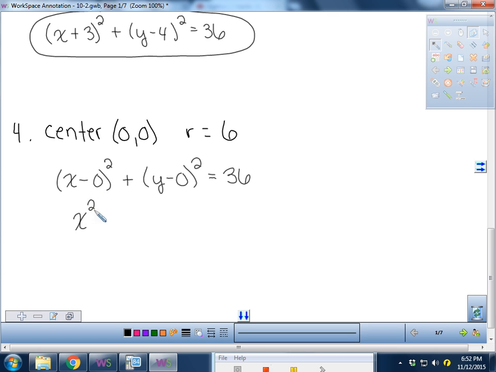So this is just x squared plus, this would just be y squared equals 36. And let me tell you, if you leave the x minus 0, I'm going to count it wrong. Okay? At this point in the game, you should know what to do there. All right, so there's 4 examples of where you're given the center and the radius.